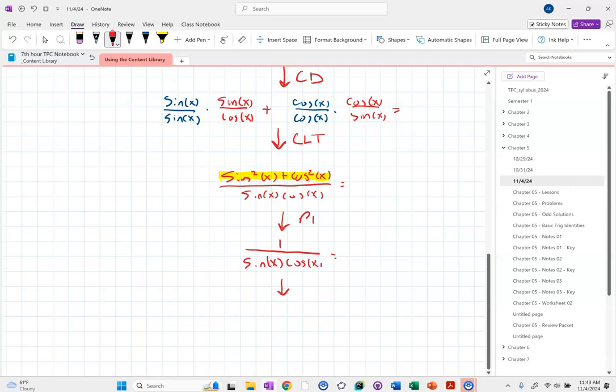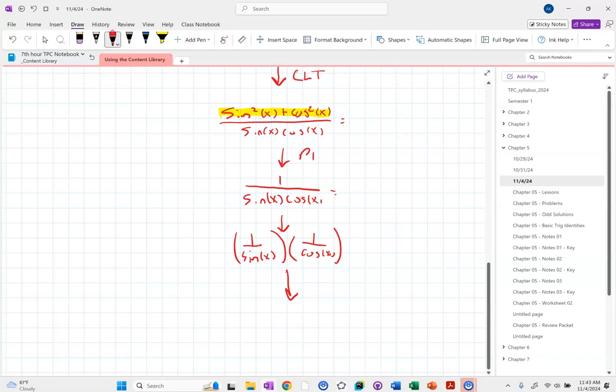And then, aha, I'm going to use this trick Mr. Kulik's shown me before, where I break this one fraction up into the product of two separate fractions. Because I recognize 1 over sine, that's R4, that's just cosecant, and 1 over cosine, that's R5, that's just secant.